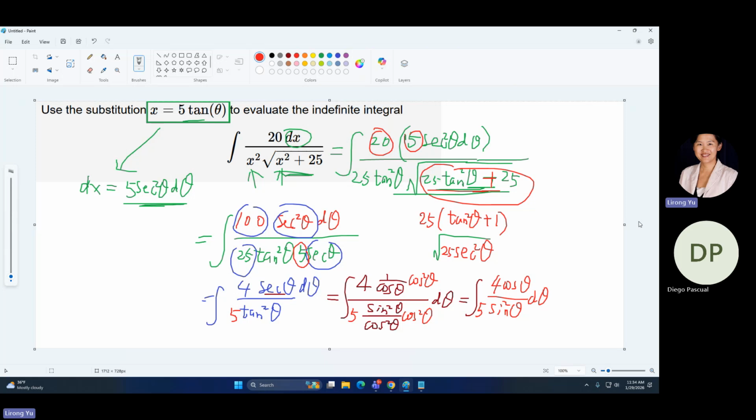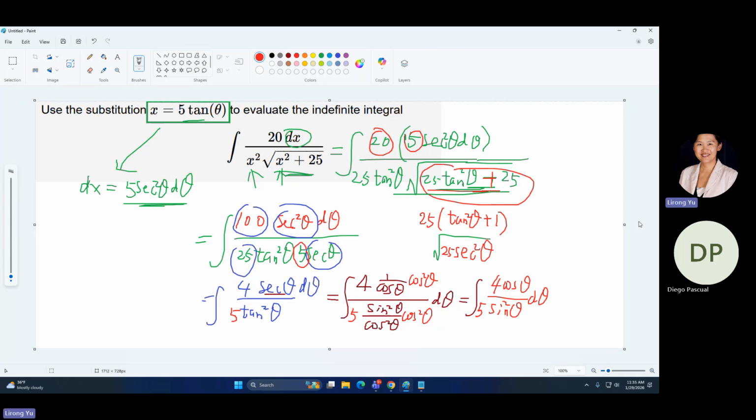U should be equal to, anyone? We're solving this with substitution. What should be the u? We've done already a substitution. U equal to sine theta, right?